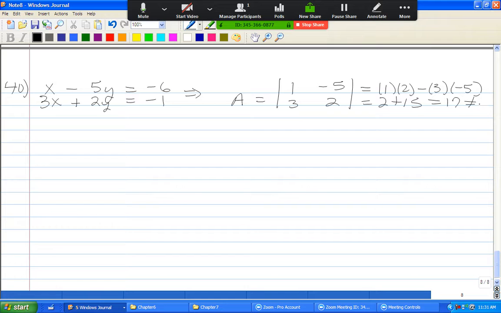So let's proceed with Cramer's rule. A sub x: replace the x column, the first column, by the right-hand side of the equation, the non-homogeneous part. So I get negative 6 times 2 minus negative 1 times negative 5.